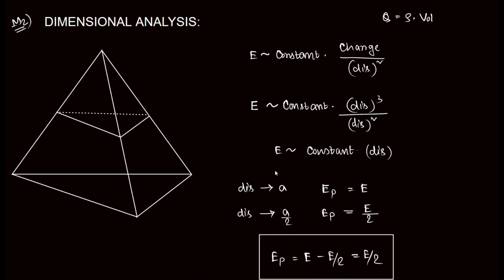So from here we can say that when my length is A, the field at P is E. When my length is A upon 2, my field will also be E upon 2. This is simple, and then you subtract them and you get E upon 2. So this is a very good approach, and JEE asks big problems on this several times.